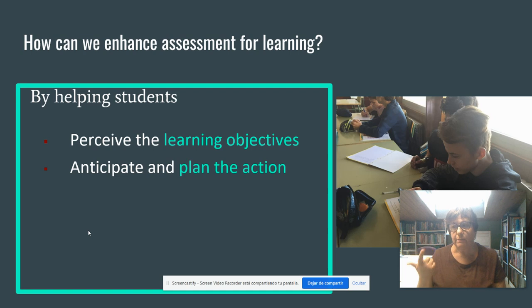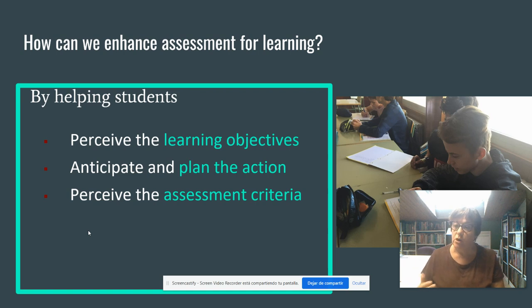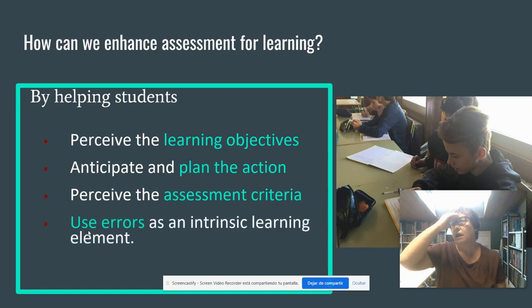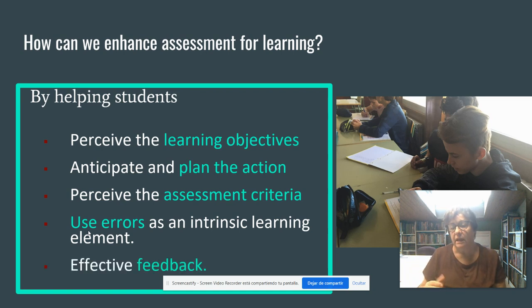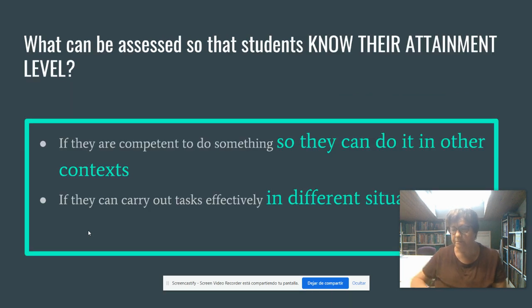We also have to help them plan what they have to do in order to achieve these objectives. They also have to know what an excellent final product is like, so the assessment criteria. We have to use the errors as springboards, not as penalties. And this is probably going to be useful if we use effective feedback.